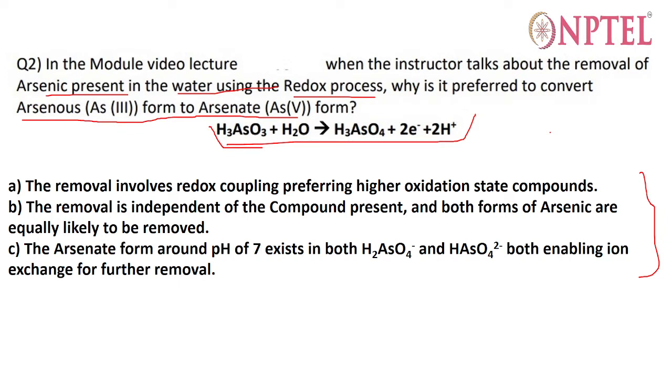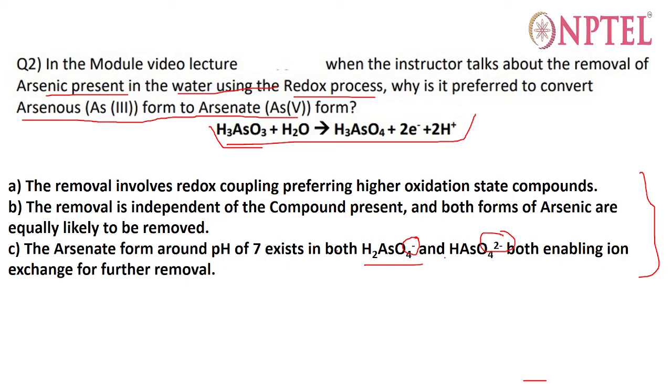So we need water for drinking purpose, for other purposes in our daily lives, and that should be in the range of neutral pH. And if there is some arsenic present in the water, and I am preferring the ion exchange process, then this arsenate compound should be in a charged state, right? So this is -1 charge, and this is -2 charge.